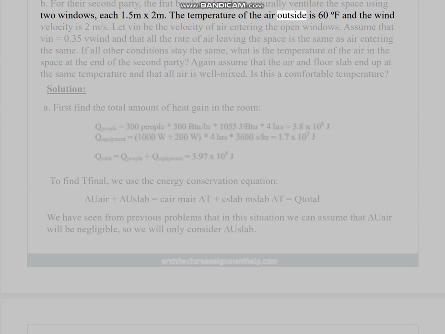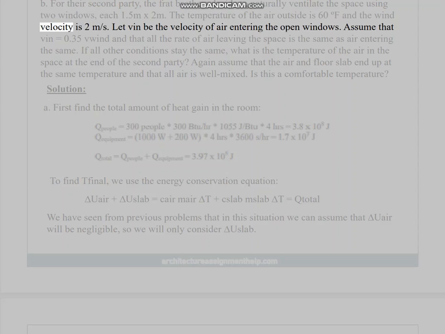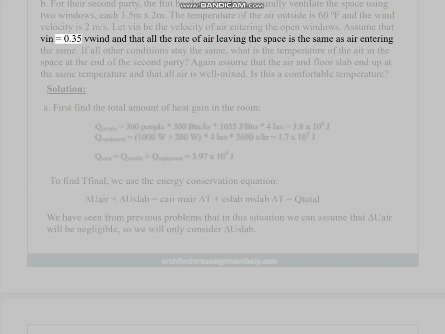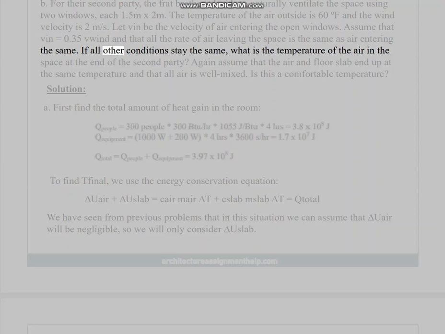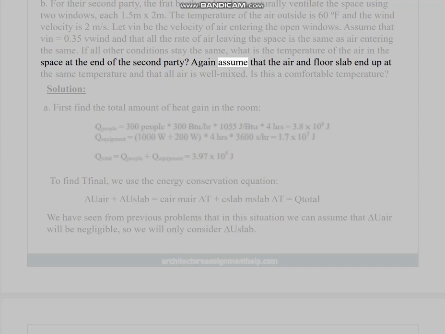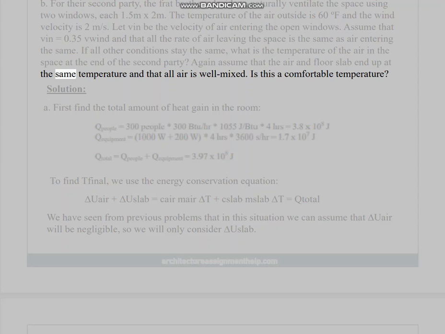The temperature of the air outside is 60 degrees Fahrenheit and the wind velocity is 2 m/s. Let Vin be the velocity of air entering the open windows. Assume that Vin equals 0.35 times the wind velocity and that the rate of air leaving the space is the same as air entering. If all other conditions stay the same, what is the temperature of the air in the space at the end of the second party? Again, assume that the air and floor slab end up at the same temperature and that all air is well mixed. Is this a comfortable temperature?